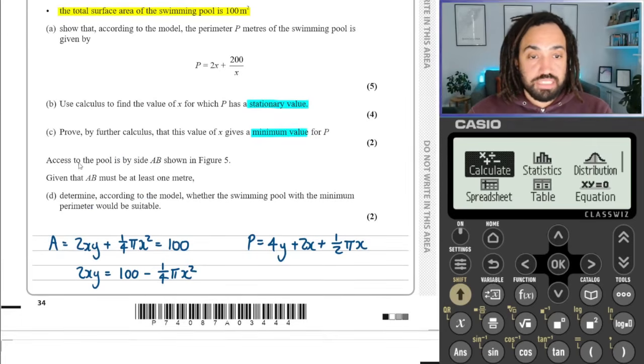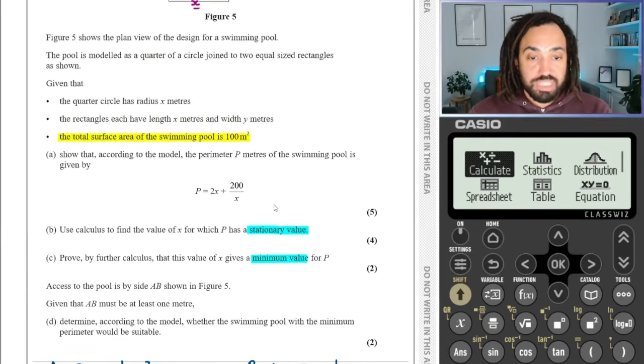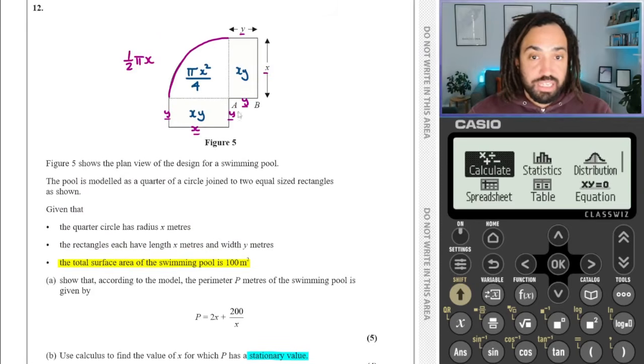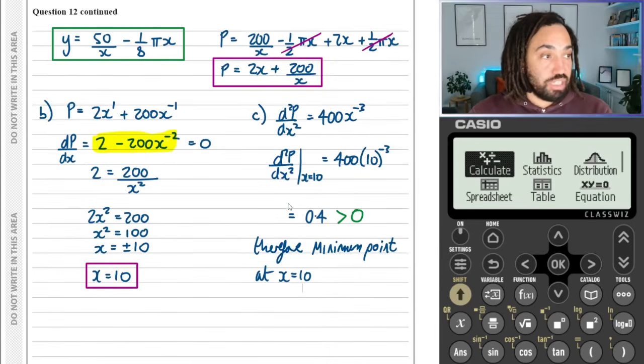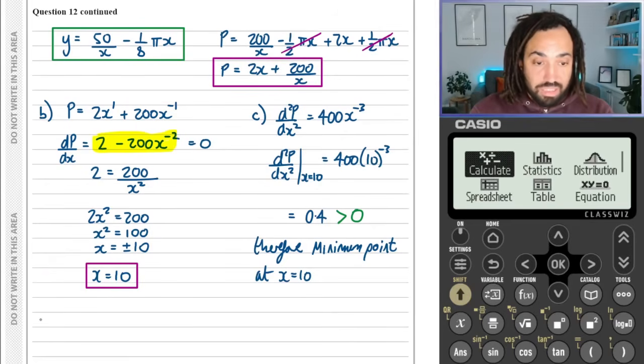Okay, now it says access to the pool is by side AB, shown in figure 5. Given that AB must be at least 1 metre, determine according to the model whether the swimming pool with the minimum perimeter would be suitable. So what is AB? AB is Y. So we need to use that expression that we had for Y, which is in that green box right there.